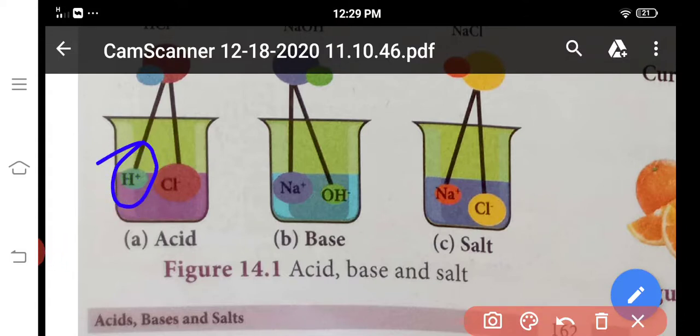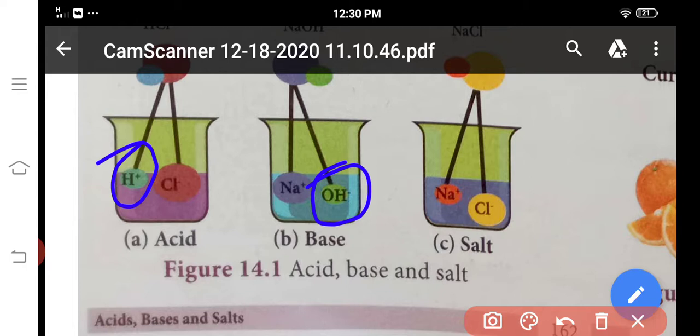This second one is a base: Na+ and OH-. So bases give OH- ions. These are called bases.